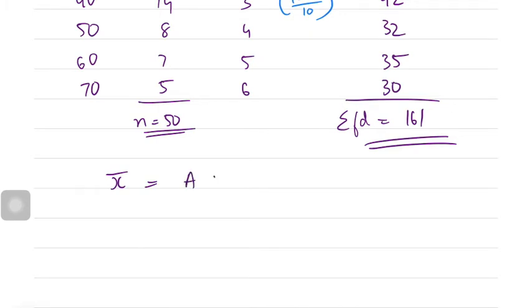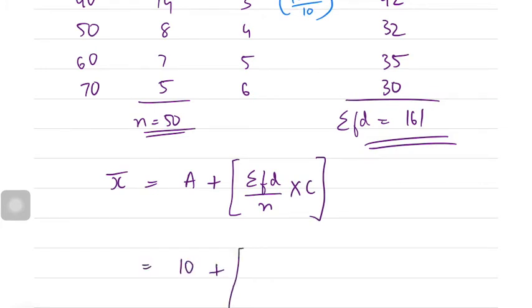I'll write the formula once again. Arithmetic mean is equal to A plus, you put a bracket here so that you don't make any calculation mistake, summation FD divided by N multiplied by C. Where A is 10, plus summation FD is 161 divided by N, which is 50, multiplied by C, which is 10.